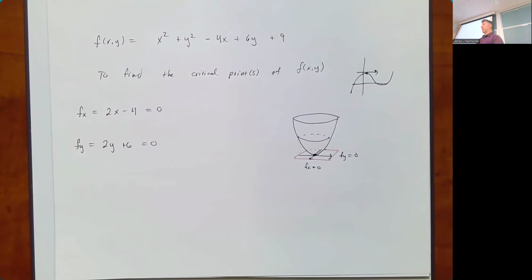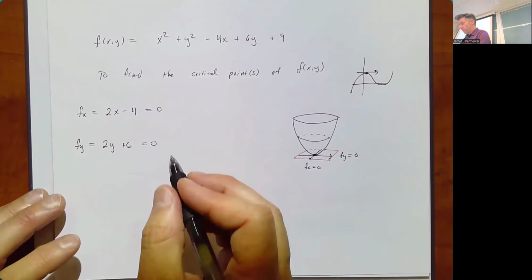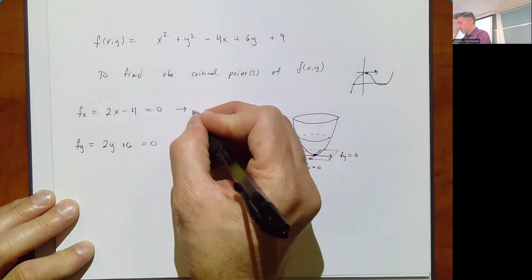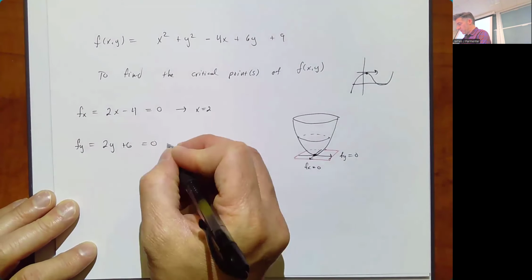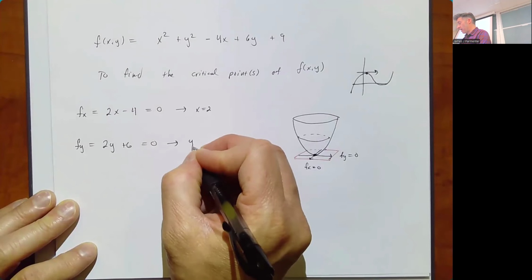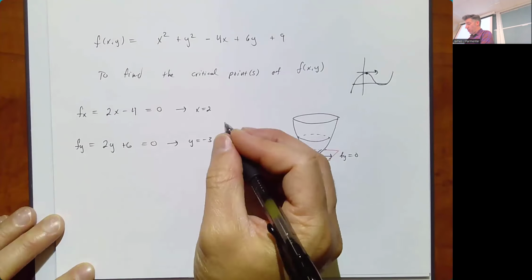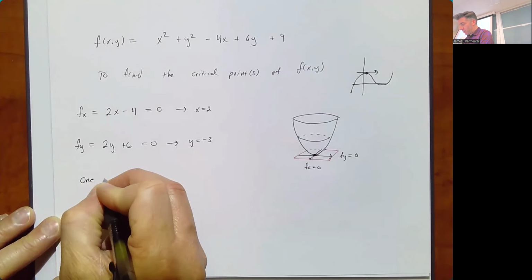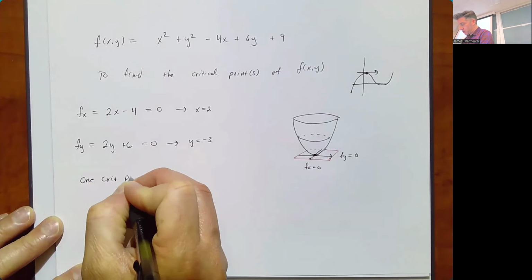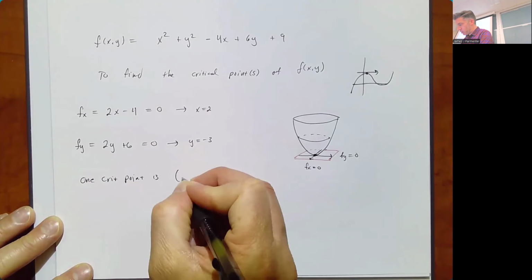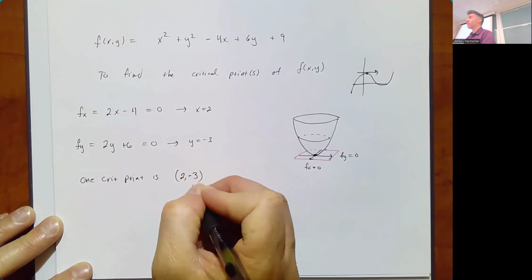In this case, we only get one solution. From the first equation, x equals 2. From the second equation, y equals -3. And so our one critical point is the point (2, -3).